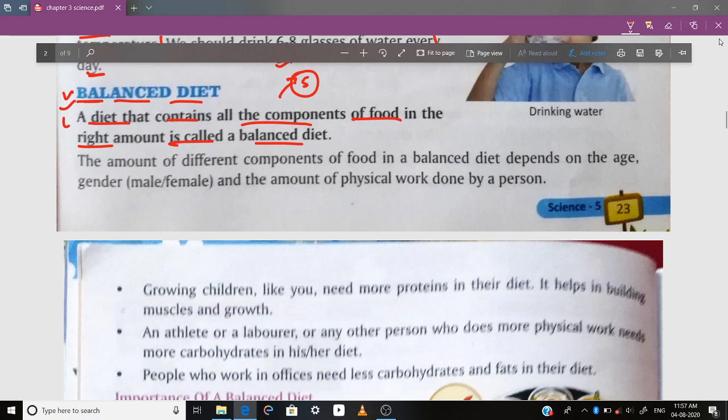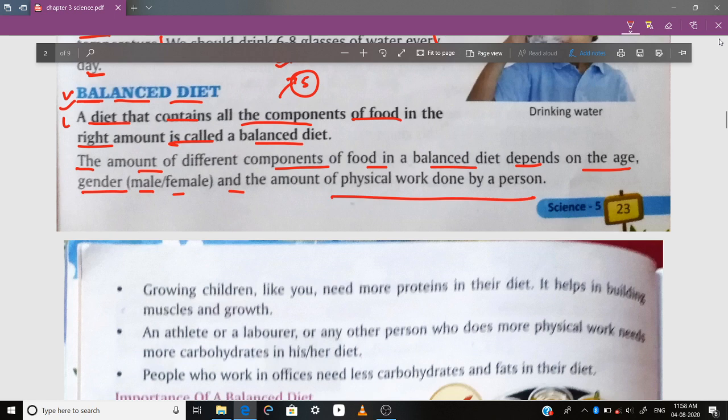We should always have a balanced diet in which we are having proper amounts of carbohydrates, vitamins, fats, and protein. Now the amount of different components of food in the balanced diet depends on age, gender, whether male or female, and the amount of physical work done by a person.